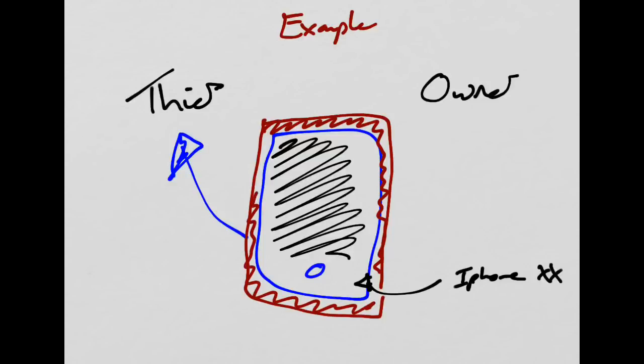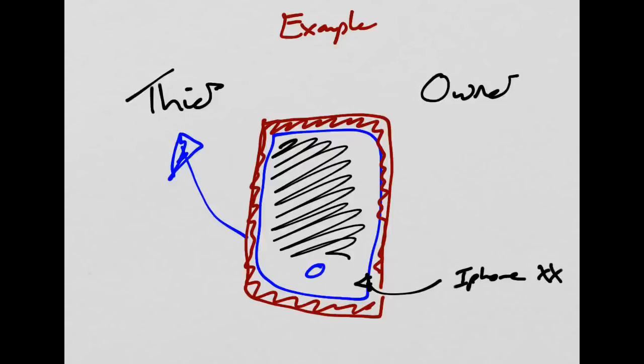So 2 days later, the owner is walking down the street, and lo and behold, the owner sees the thief walking with the iPhone in his hand, talking on it. It still has a very nice red cover on it.